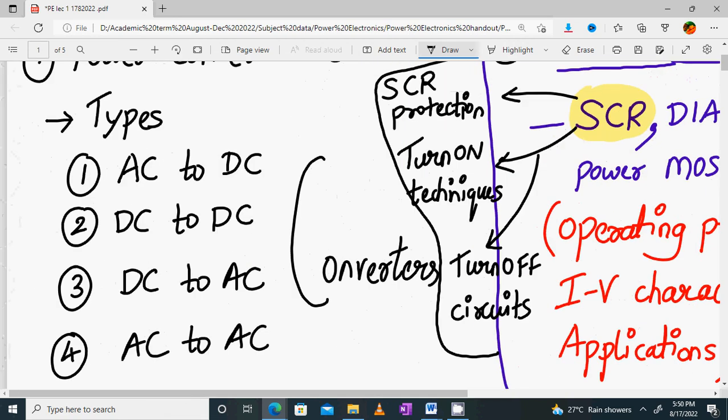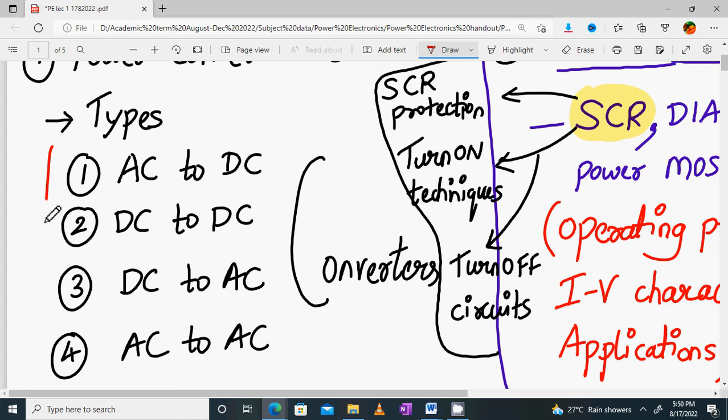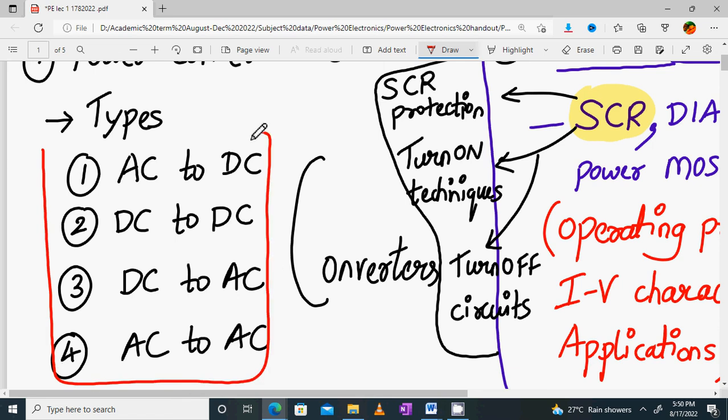Before I conclude for today, these four topics which I marked over here, let me circle them with a different color. These four categories in themselves form one complete module in your syllabus, consisting of modules 2 to 5. So this is in short your syllabus for power electronics.